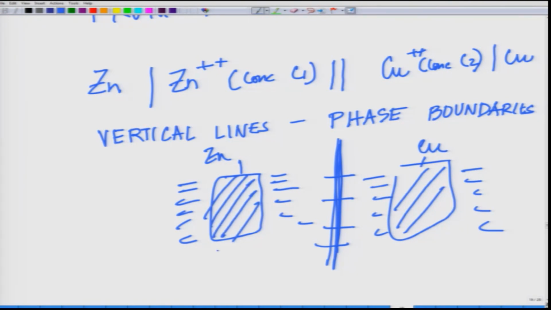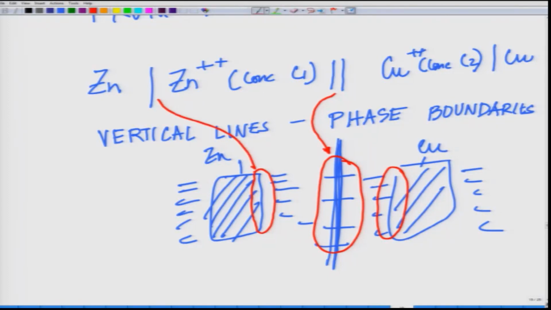So, the first phase boundary is here and the second phase boundary is here. That is why there are different phase boundaries, which these vertical lines indicate. This is one phase boundary shown by double lines, and this is another phase boundary, and this is the third phase boundary. So, there are three different phase boundaries. This is where chemical reactions are happening.